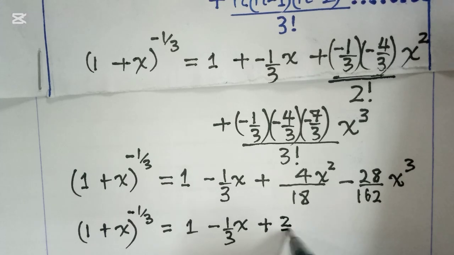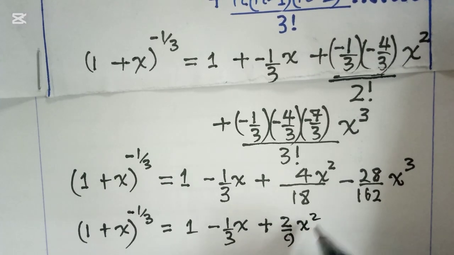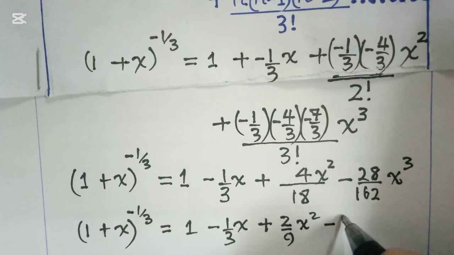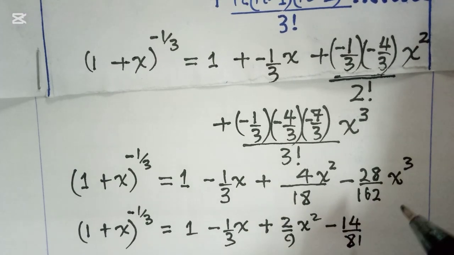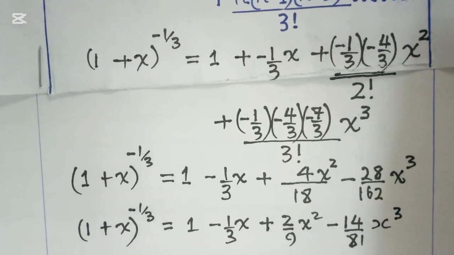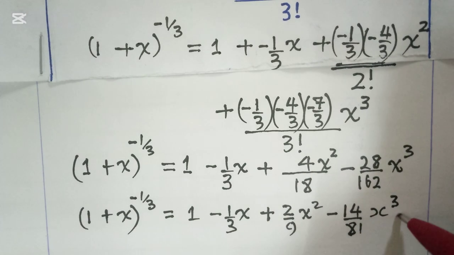That is 2 all over 9x squared, minus, divide by 2, you get 14 all over 81 x now cubed. So guys, this is then our series. So that's what we have gotten, guys.